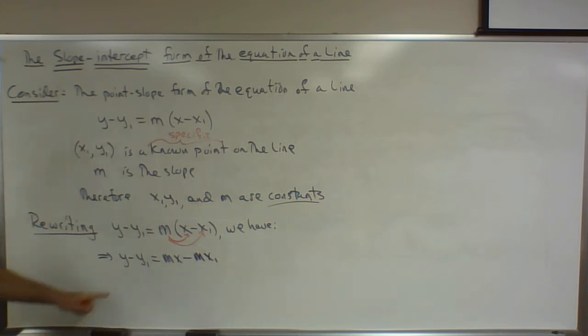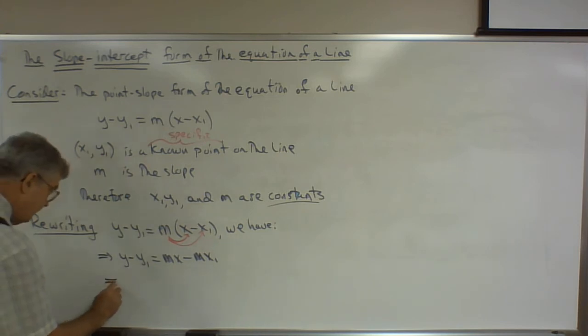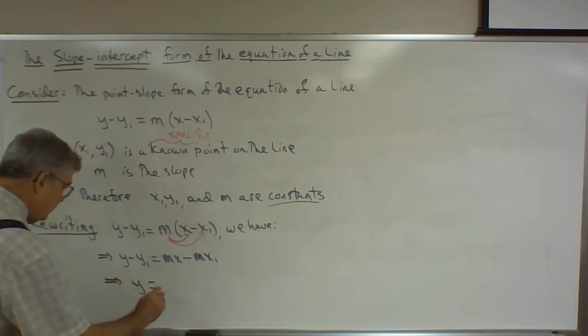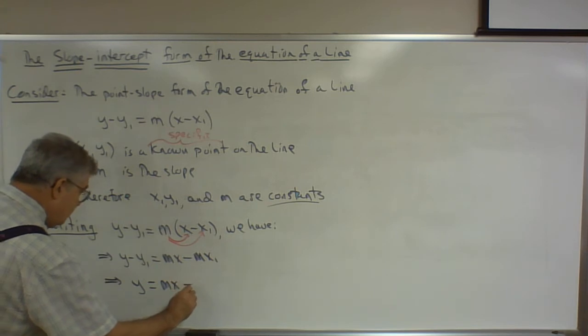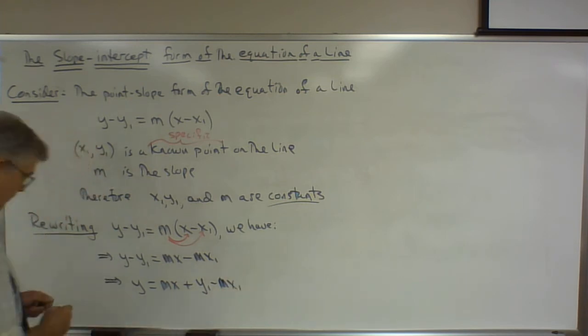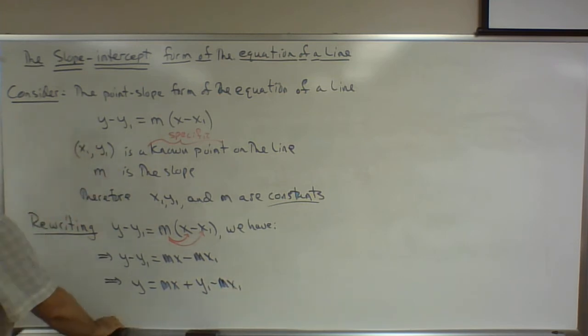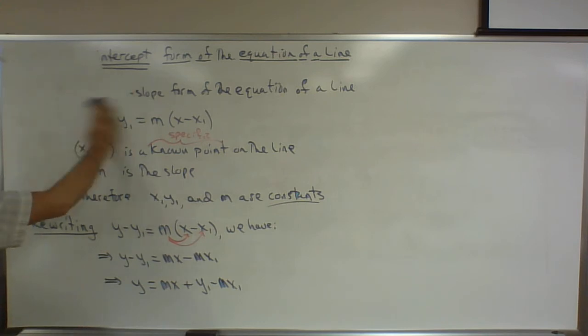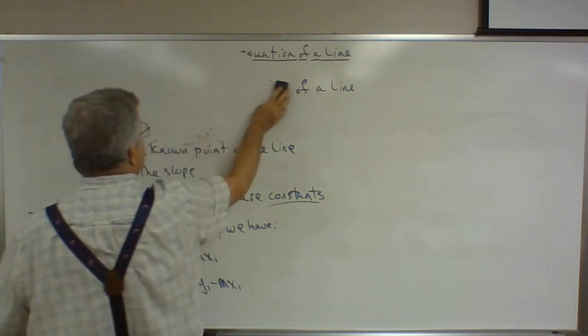And then I think I'm going to add y1 to both sides. So I'll have y equals mx plus y1 minus mx1. And I'll write that again up here.